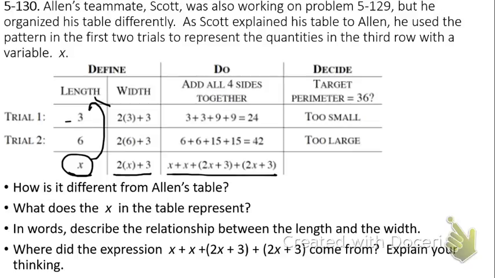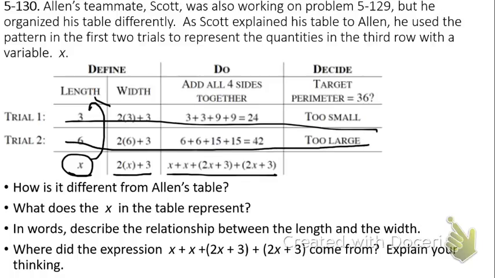If x is a 3, here's the way it works out. When x is 3, it's too small. What about if x is 6? Well, it's too large. But by just putting in x, we can get a different kind of statement, as you guys can see down here. And right now it looks a bit complex.